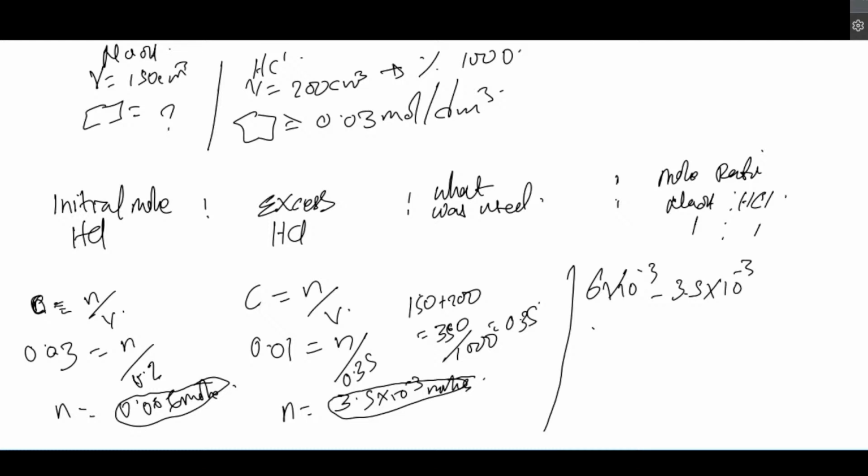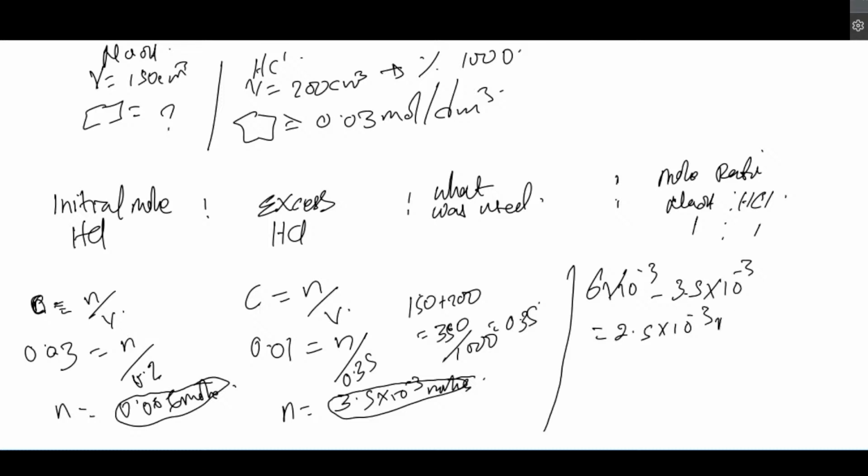What is the answer here? Because it is the same power, let me just subtract the numbers as the basis. So it's going to be 2.5 times 10 to the power negative 3.